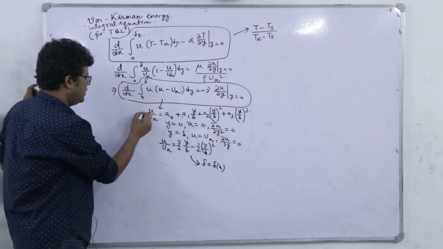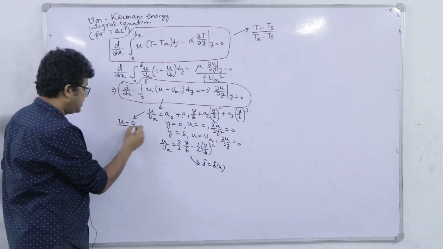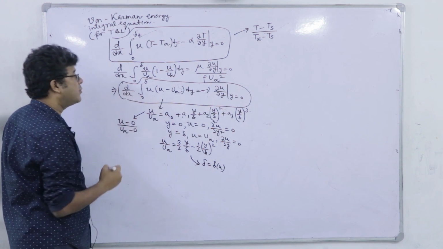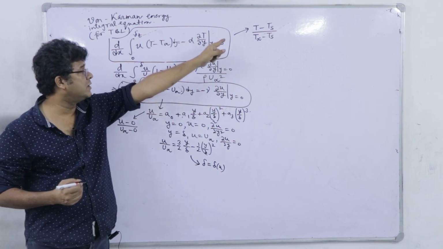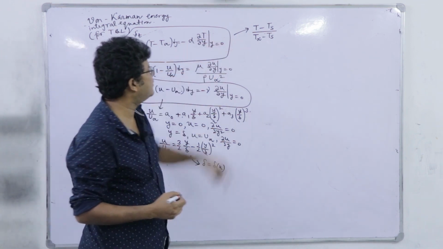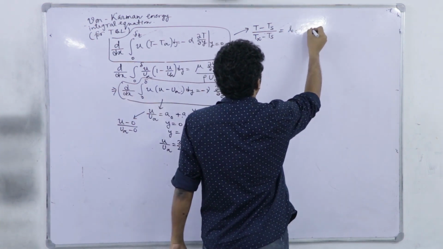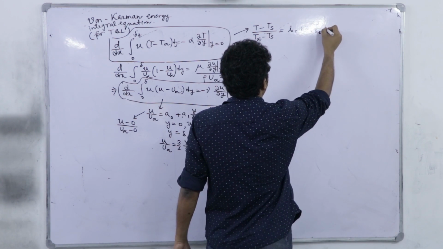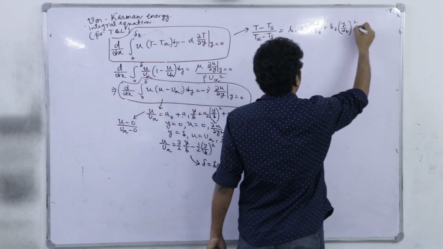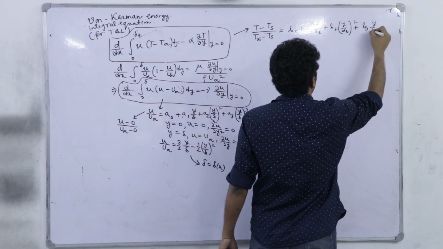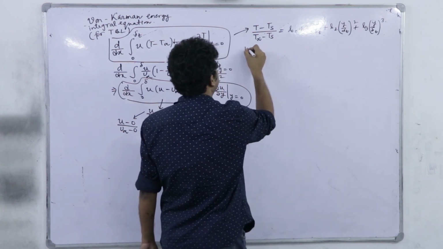You see here u minus 0, 0 is the velocity at the plate, divided by free stream property minus plate property. But here the plate property for the case of temperature is not equal to 0. So T minus Ts divided by T infinity minus Ts, and we consider it to be equal to B0 plus B1 y by delta T plus B2 y by delta T square plus B3 y by delta T cube. And what are the conditions? Boundary conditions.